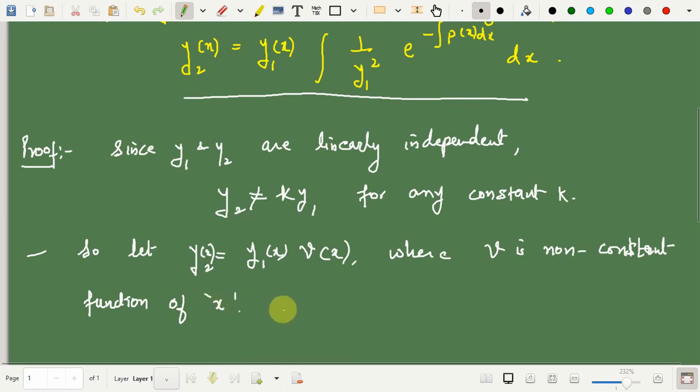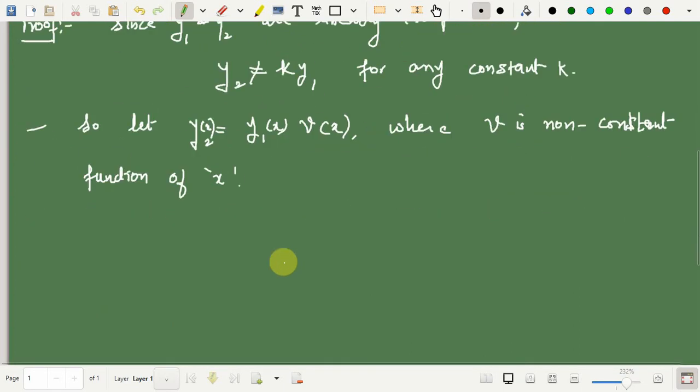So how would we determine it? We would assume this as a solution and see what condition is required for y2 to be a solution for the given differential equation. Since we are assuming y2 is a solution, y2 should satisfy the given differential equation 1.